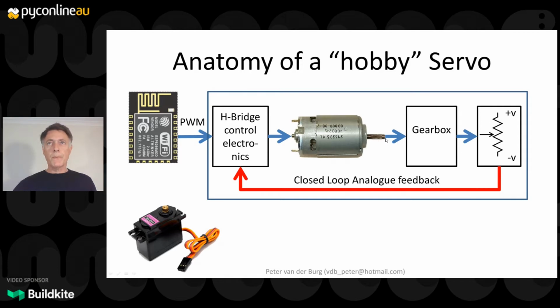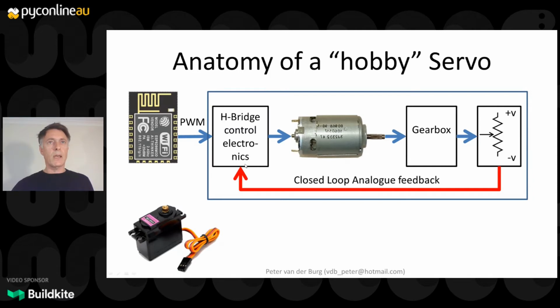The output of the motor, the shaft, drives a gearbox, which gears it right down, and attached to the gearbox is a potentiometer, and it's the knob essentially of the potentiometer that is connected to the gearbox, and then that creates a feedback loop back into the H-bridge electronics, which compares the pulse width with the feedback in the electronics, which then determines the voltage that needs to go across the motor.